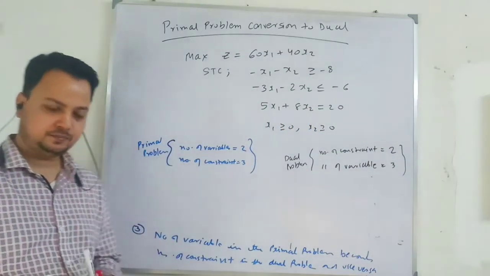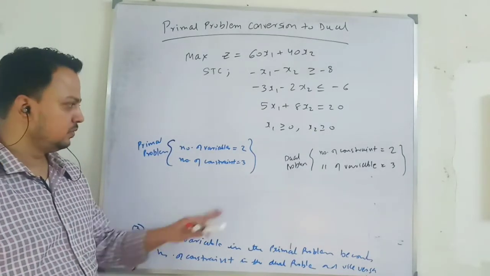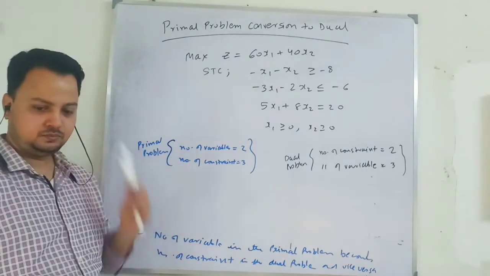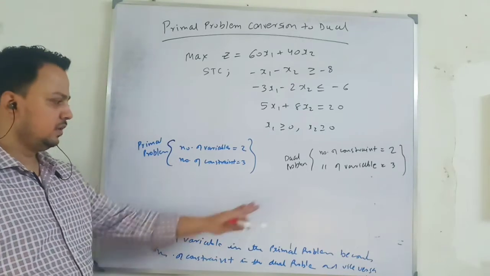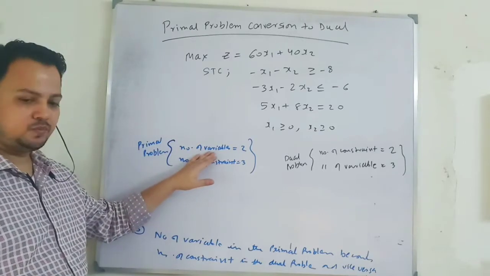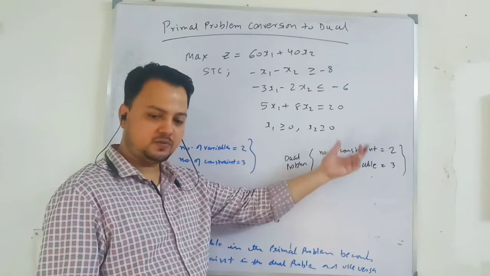Okay. Clear everyone? This part is clear. I am saying that the number of variables in the primal problem will become the number of constants in the dual problem, and vice versa.